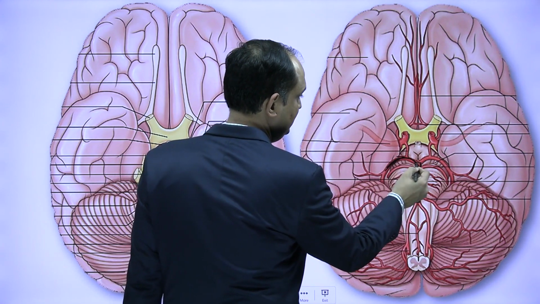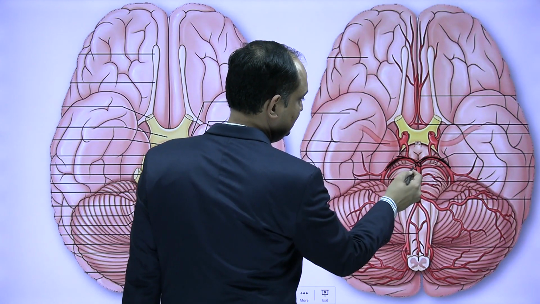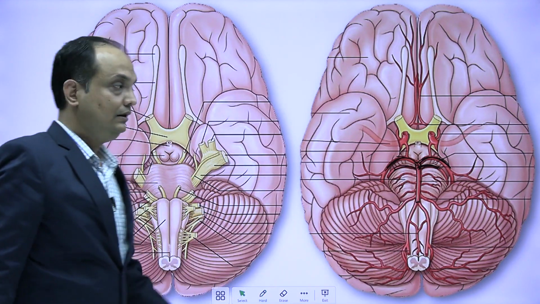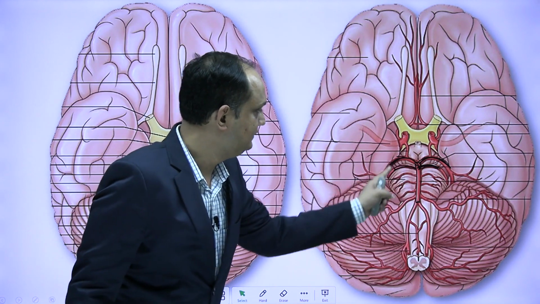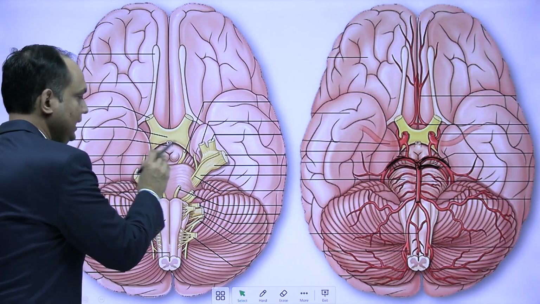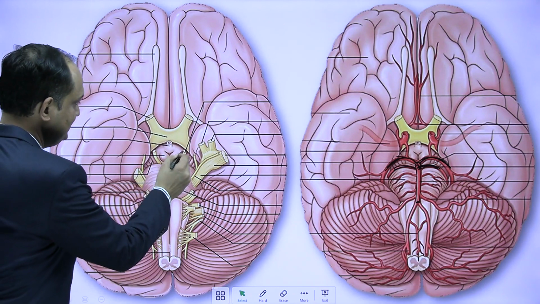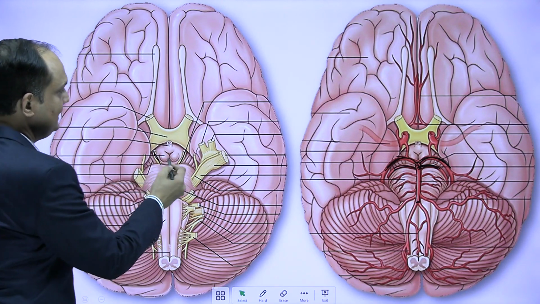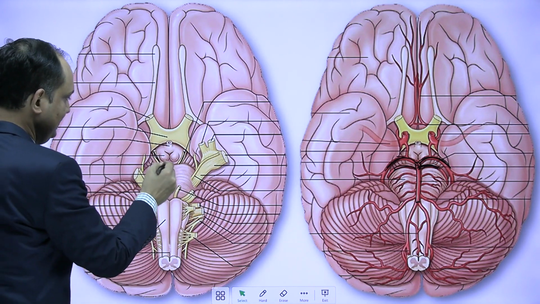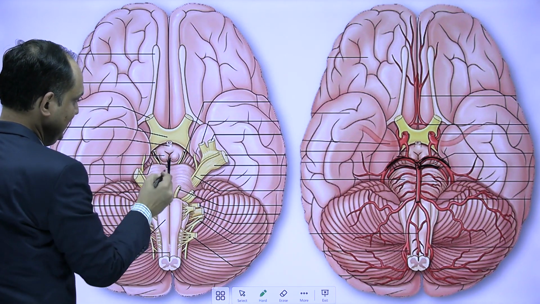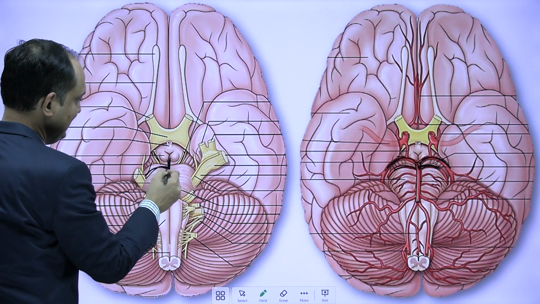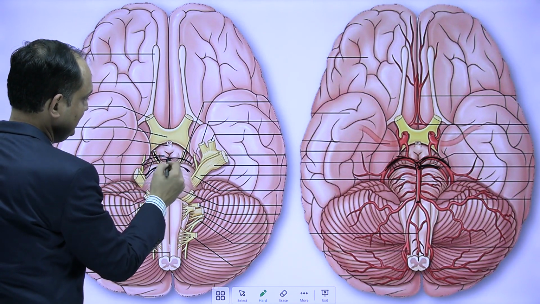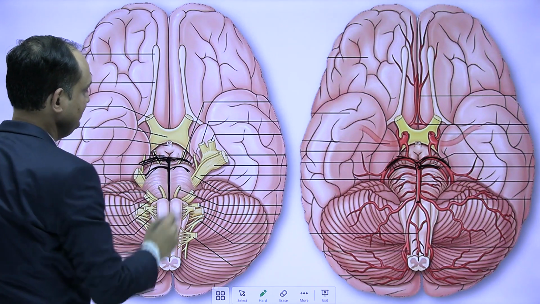So this is the posterior cerebral artery and these are the superior cerebellar arteries. Clear? Now if you keep this area here, you will realize these are the exits of your oculomotor nerve. If you compare, here is the basilar artery, then here you have the superior cerebellar artery, and you have the terminal branches, that is the posterior cerebral artery of the basilar artery.